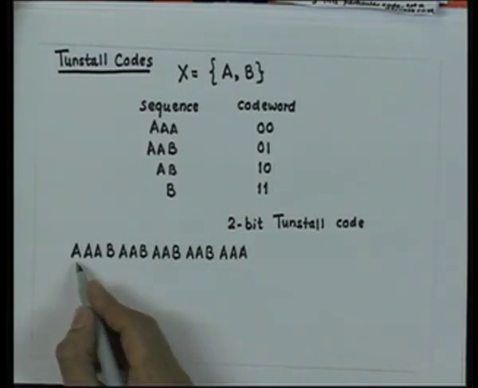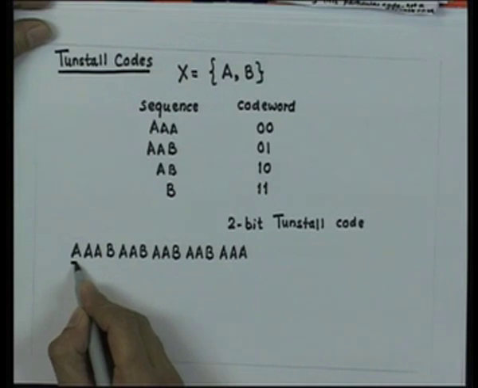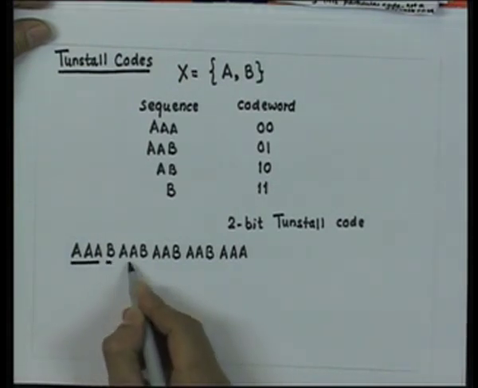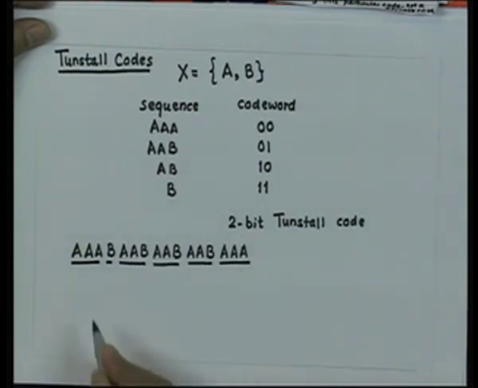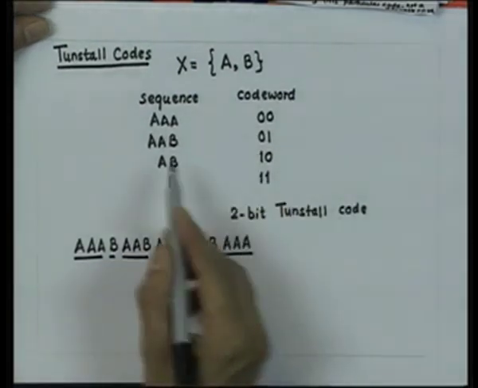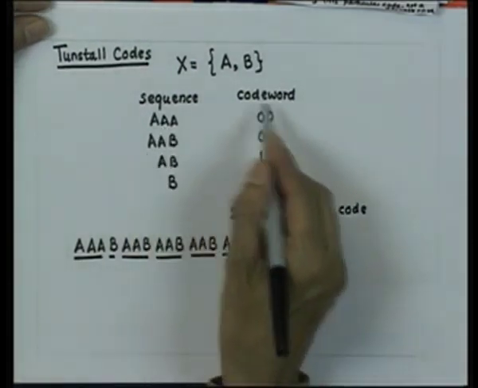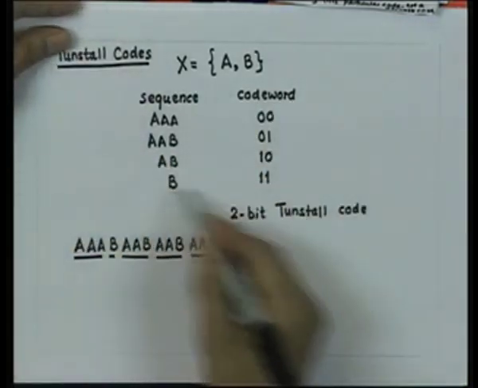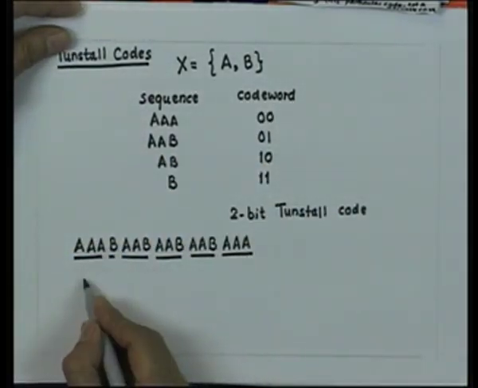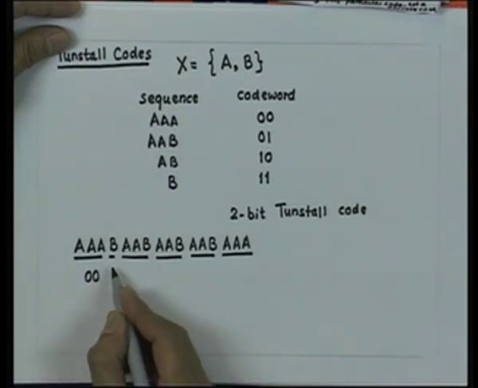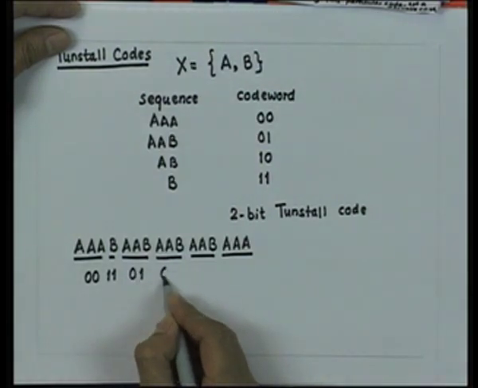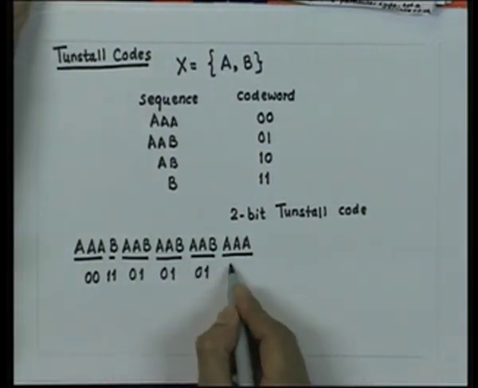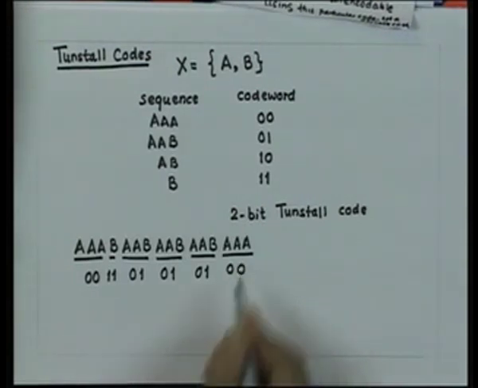So the first step would be, when I get this sequence, I can parse it as sequences like this. And now for these subsequences in this source sequence, you code it using this 2-bit Tunstall code which we have given here. So AA would be 00, B would be 11, AAB would be 01, 0, 0.